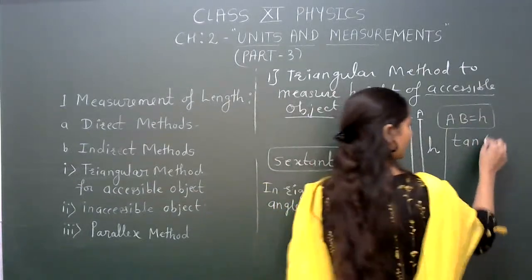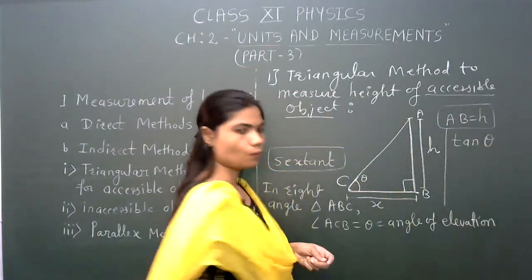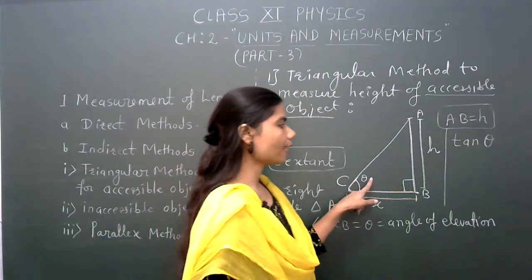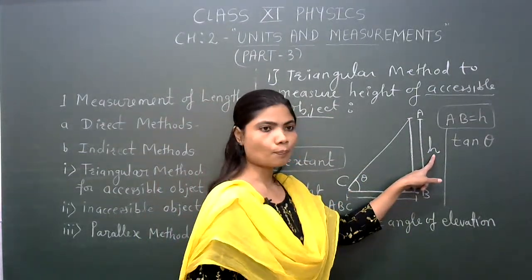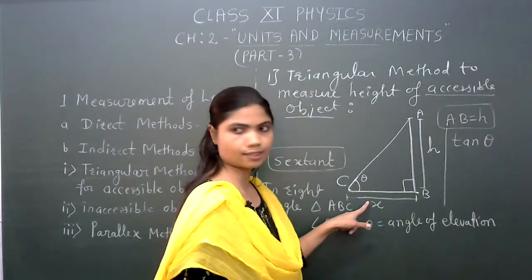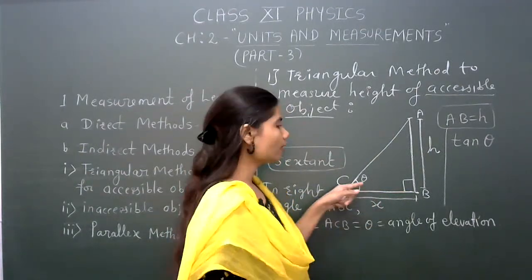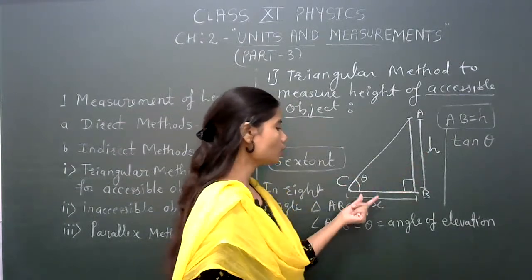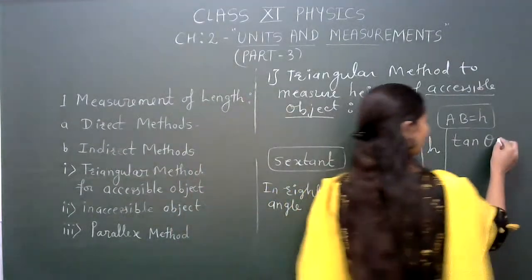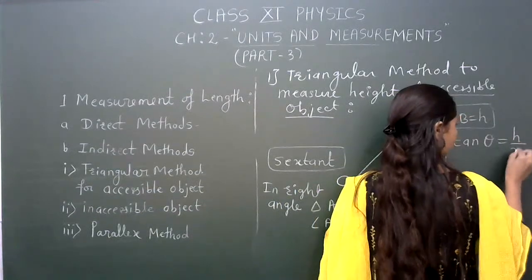Tangent of the angle of elevation, tan theta. What does it say? It is the ratio of the opposite side to the adjacent side, which you commonly know as the ratio of perpendicular to base. The perpendicular is h and the base is x.